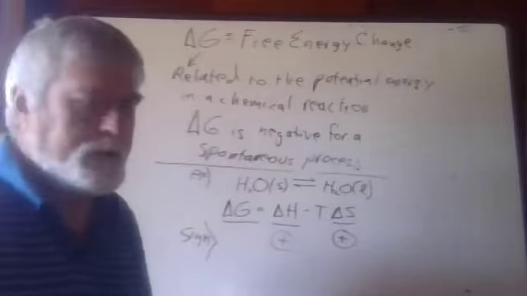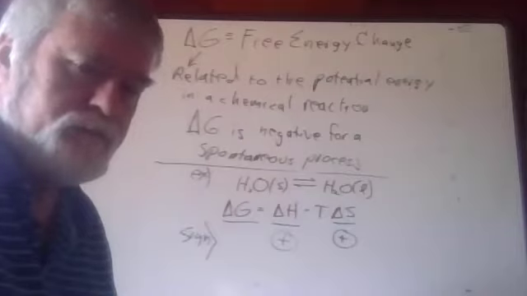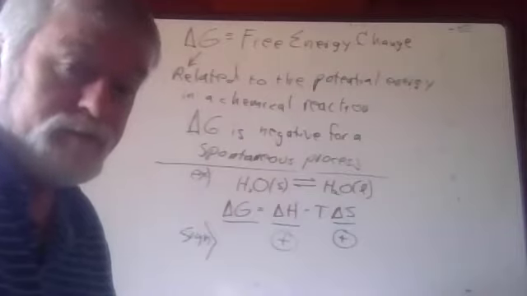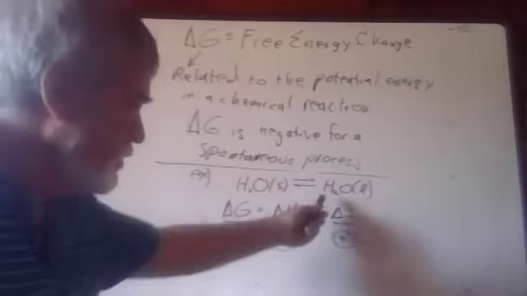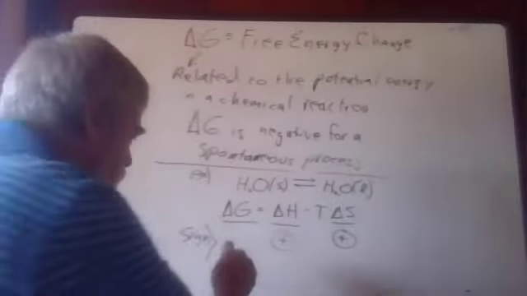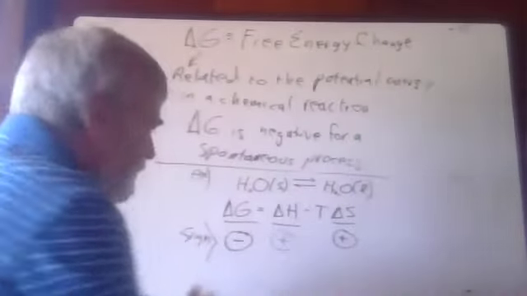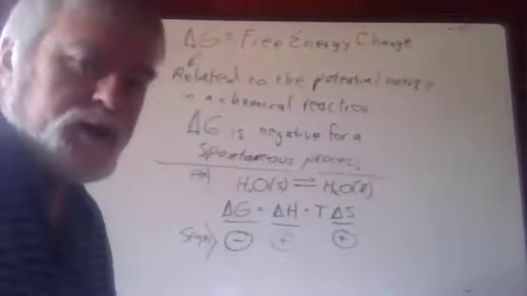The second term has to be bigger than delta H. Yeah. So this whole term here, including the temperature multiplication, would have to be a bigger positive than the delta H for this whole expression to be negative.